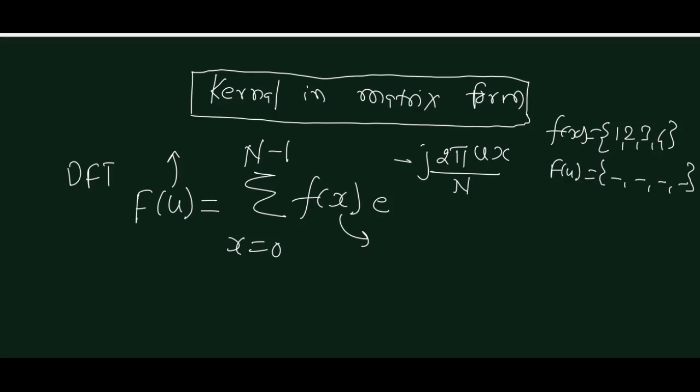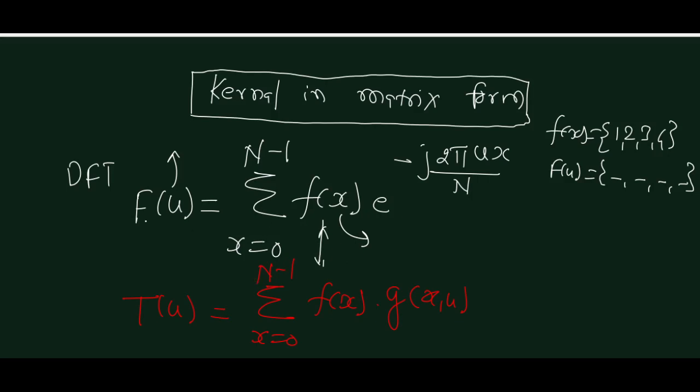So what I will write here is T of u equals summation x equal to 0 to n minus 1 f of x g of x comma u. When you compare these two equations, here f of x is as it is, and the summation sign is as it is.